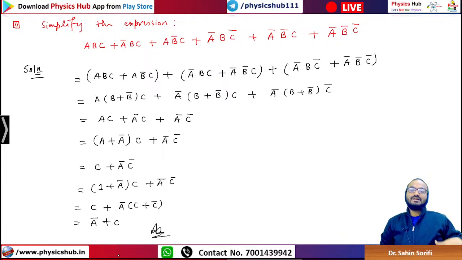Now you see, we have to think a lot while solving this. But if you use a Karnaugh map, we will not have to worry this much. Using a Karnaugh map, we can do it very simply, and you will get the most simplified expression. So that is why the Karnaugh map is important. We'll talk about it, but let's learn this also.